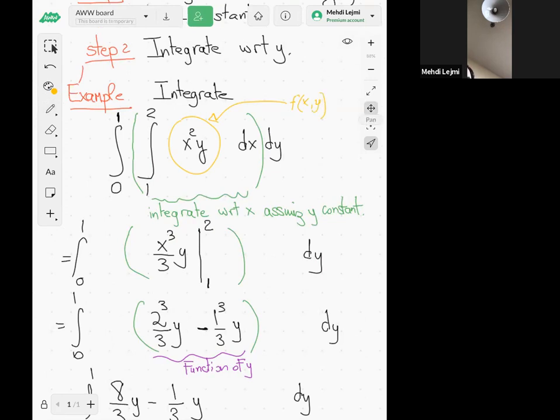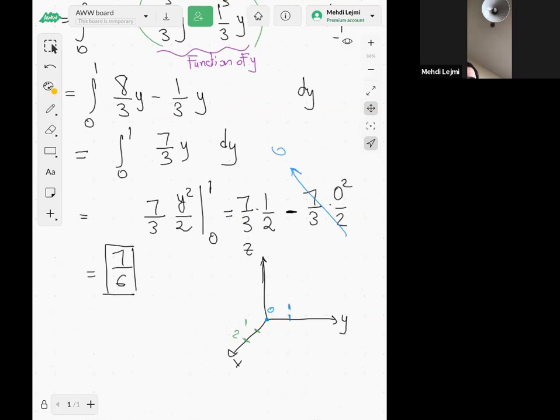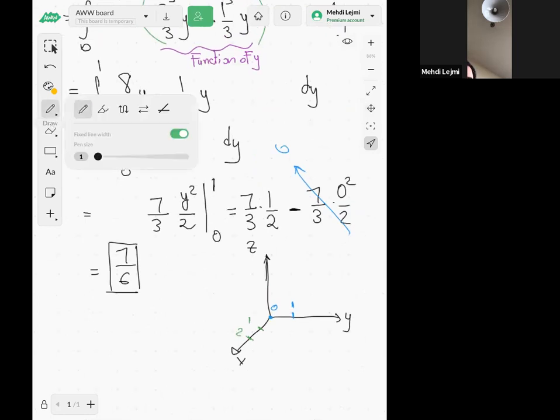All right, so here's my first rectangle. My rectangle would be the interval 1, 2 times 0, 1. So I'm going to have this rectangle here.